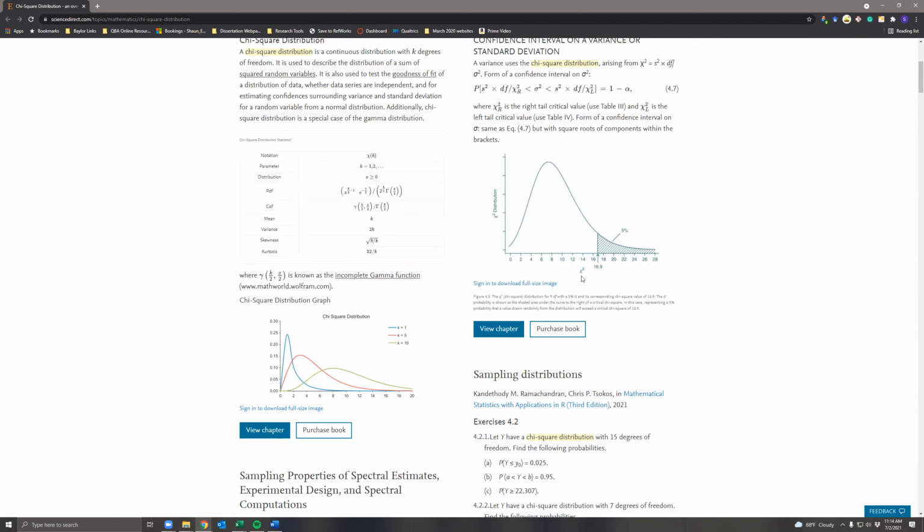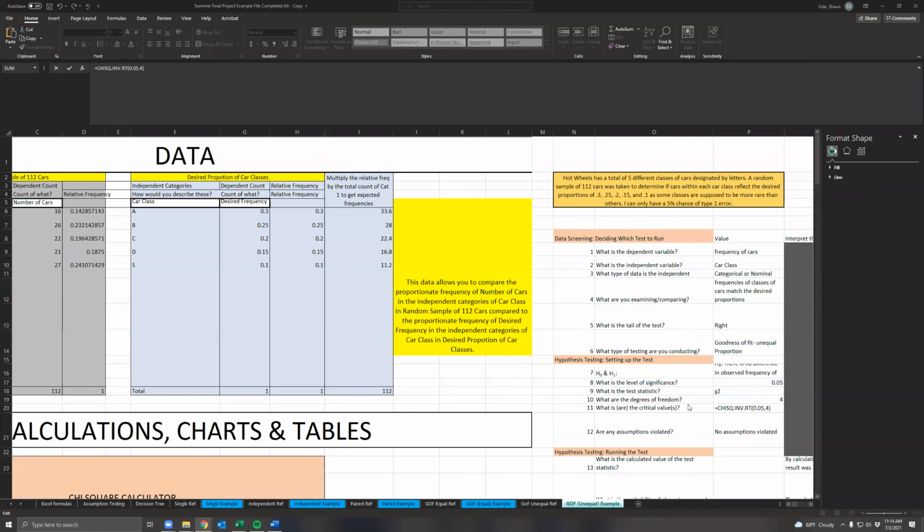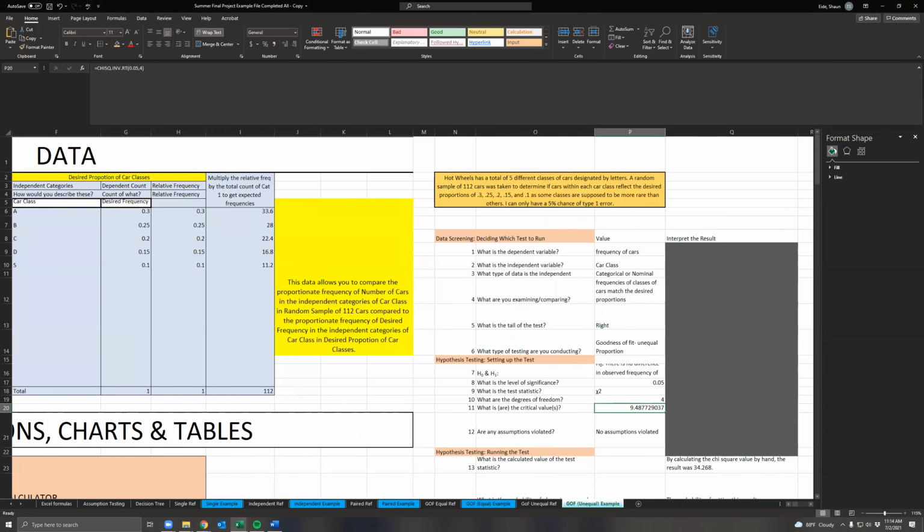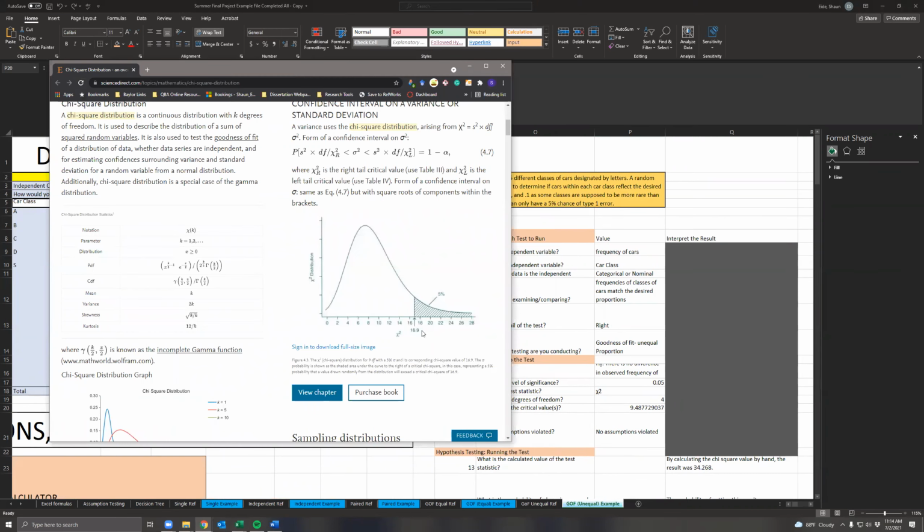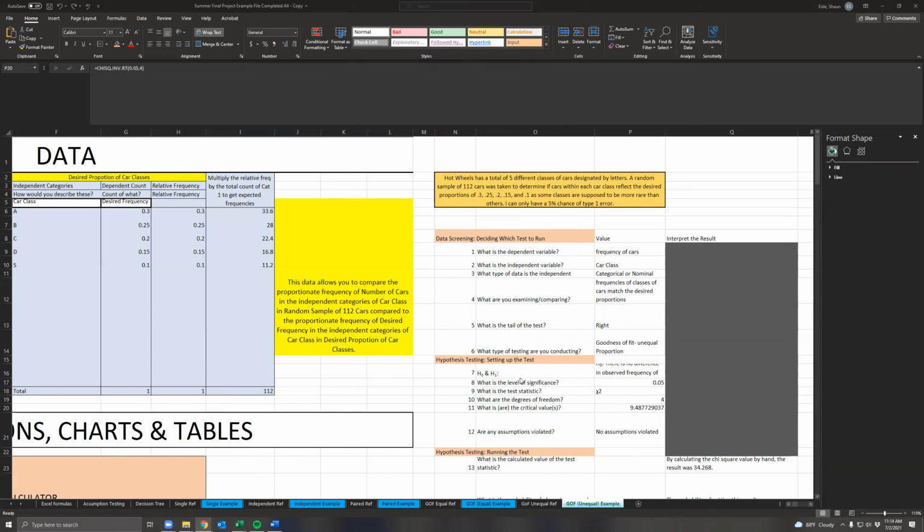For this particular instance, the region of rejection is greater than 16.9. But for ours, with an alpha of 0.05 and degrees of freedom of 4, our region of rejection is anything above 9.48. So this right here should say 9.487. So anything above 9.487 or more extreme than 9.487, we're going to reject the null hypothesis.